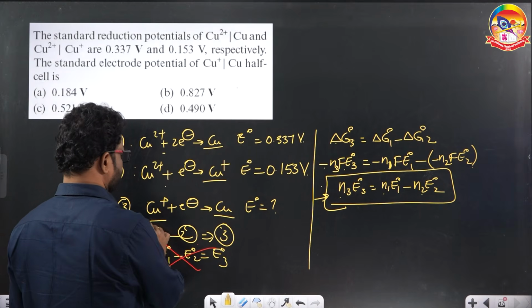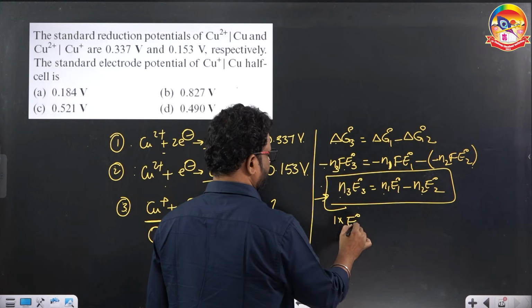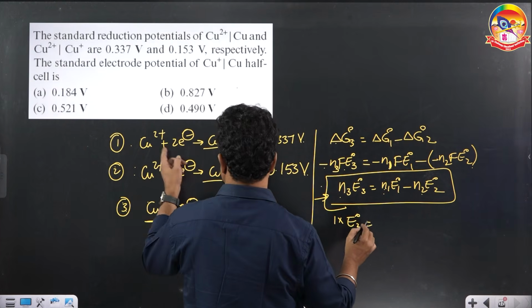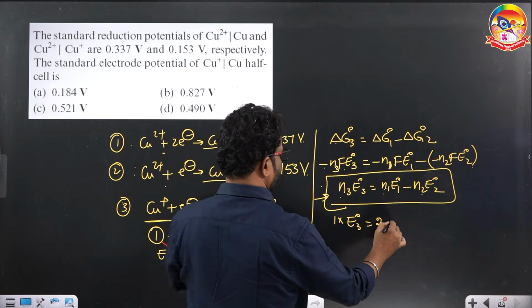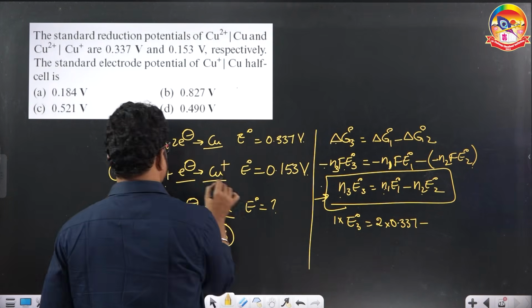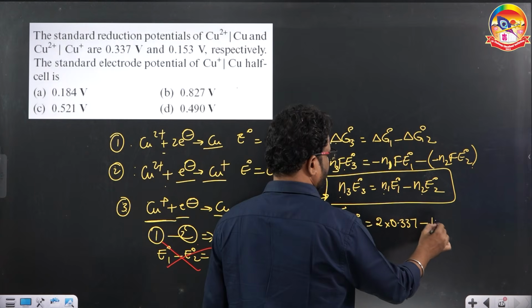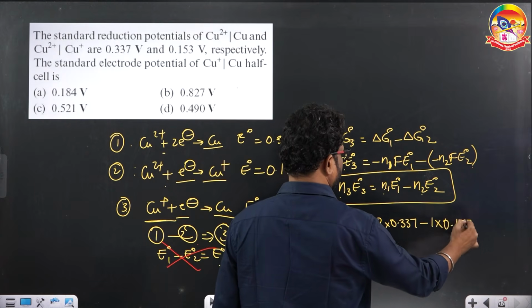First, n3 is 1 electron, E03 is what is required, so 1 into E03 is equal to, first one, 2 electrons, 2 into E01, 0.337, minus 1 electron involved, so 1 into E02, 0.153.